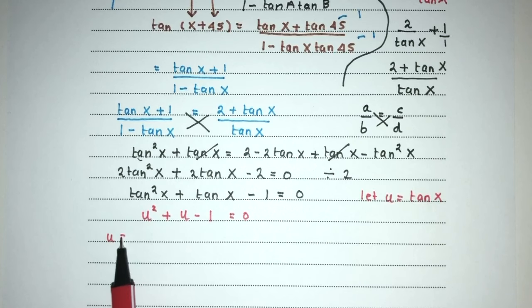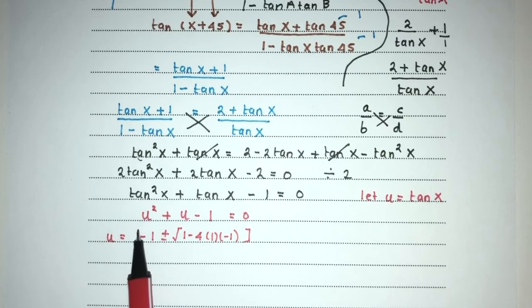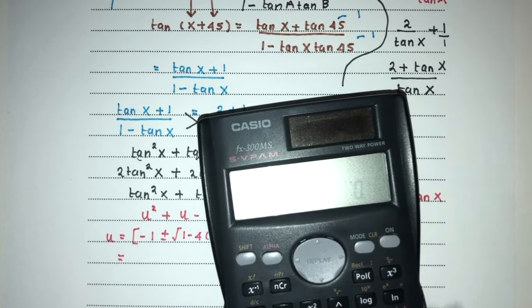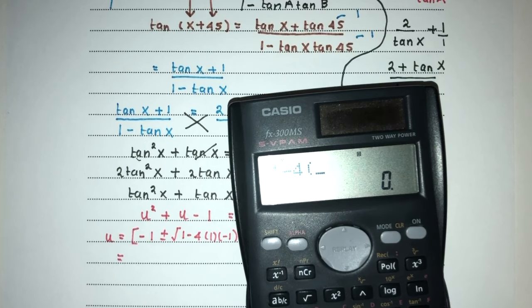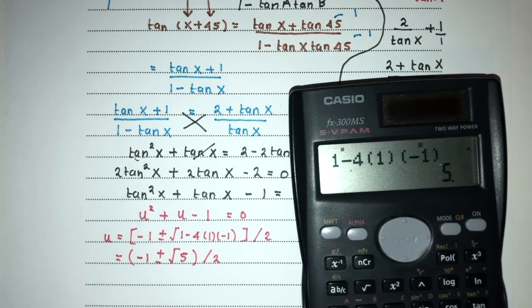So u will be minus b, that will be 1, plus minus the root of b squared minus 4 times a times c, everything divided by 2a, which will be 2. Minus 1 plus minus the root of 1 minus 4 times 1 times minus 1, that'll be 5. So minus 1 plus minus root of 5 over 2.